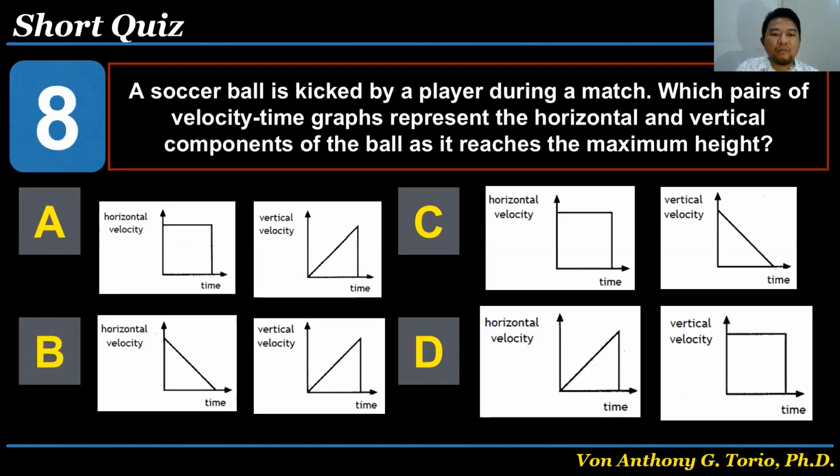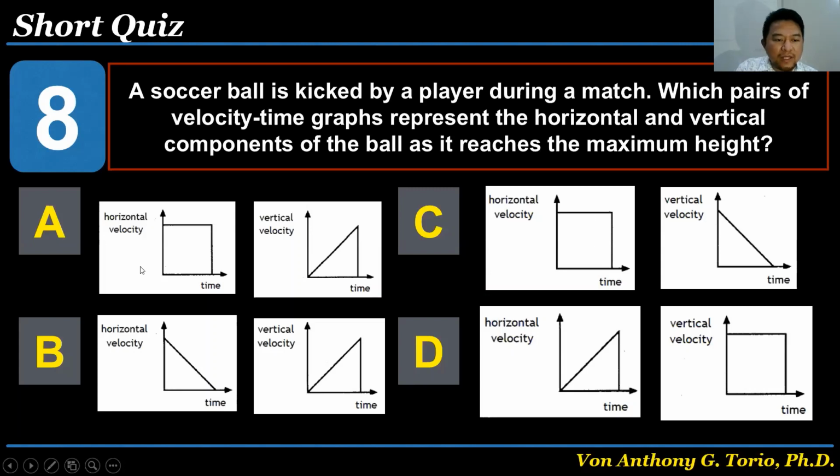Item 8, a soccer ball is kicked by a player during a match. Which pair of velocity-time graphs represent the horizontal and vertical components of the ball as it reaches the maximum height? As it reaches the maximum height, the horizontal velocity of the projectile is constant. So A is correct. Letter B is wrong. C is correct. Letter D is wrong.